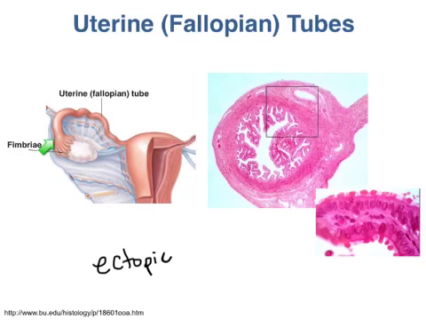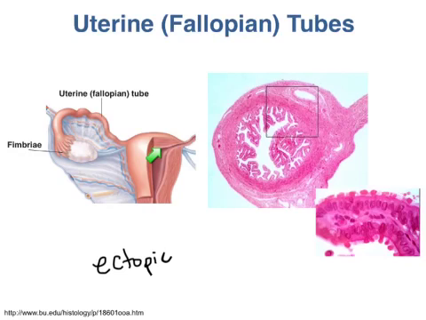This funnel portion of the uterine tube is referred to as the infundibulum, leads into the ampulla, the middle region, and then the isthmus, which connects to the uterus. It takes about 3 or 4 days for an oocyte to travel from the ovary to the uterus.